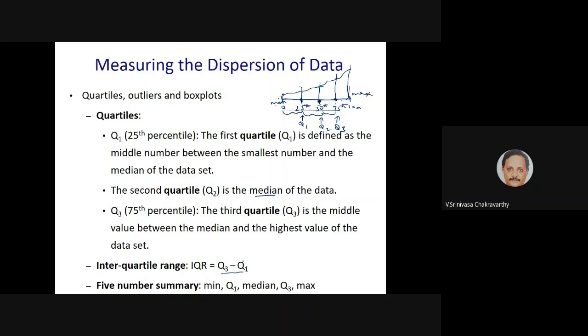In this five number summary, you have the minimum at one end, then Q1, then the median, which is Q2, then Q3, and the max. So these five numbers represent the entire data set, which is of course a bunch of scalars.